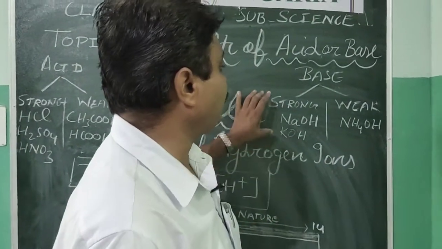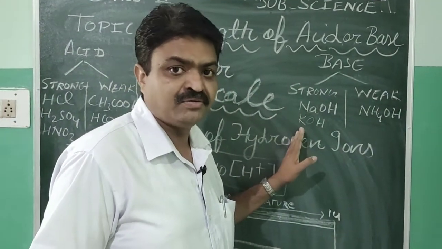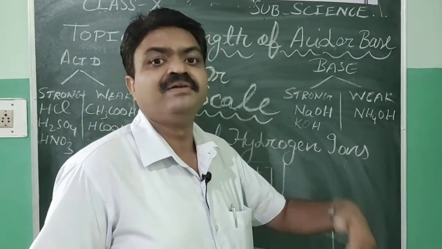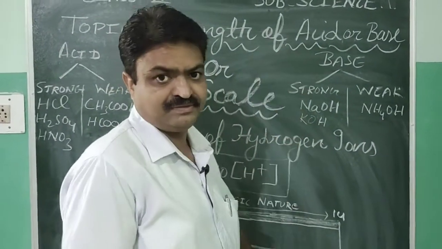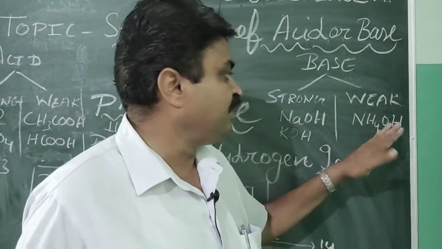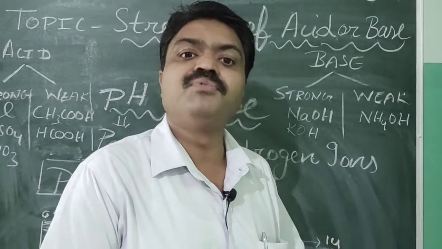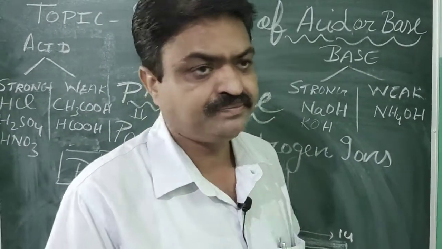So the strong base examples are sodium hydroxide, potassium hydroxide, magnesium hydroxide, calcium hydroxide. They are examples of strong bases. And weak base examples are ammonium hydroxide, ammonia. They are examples of weak bases.